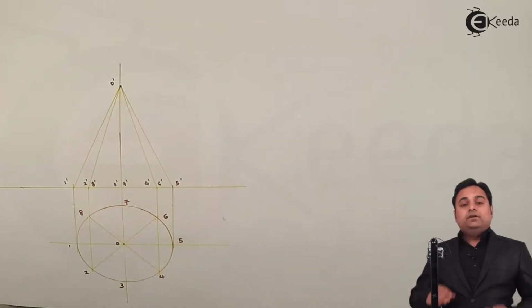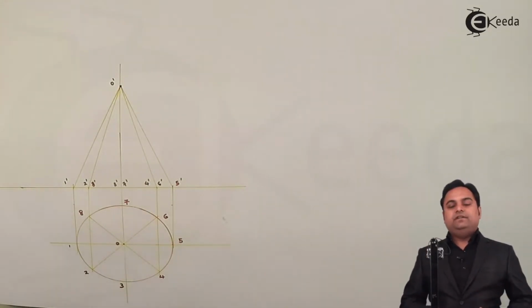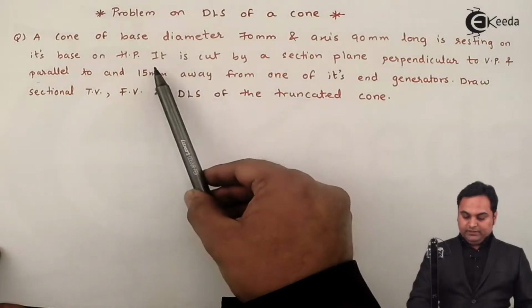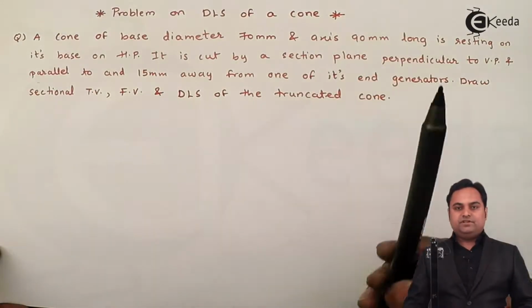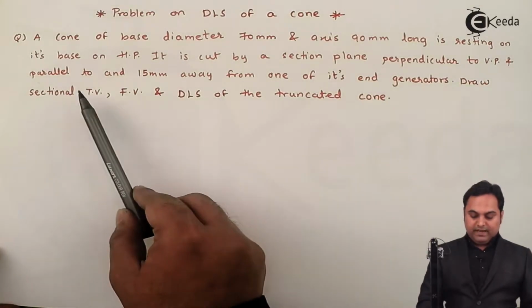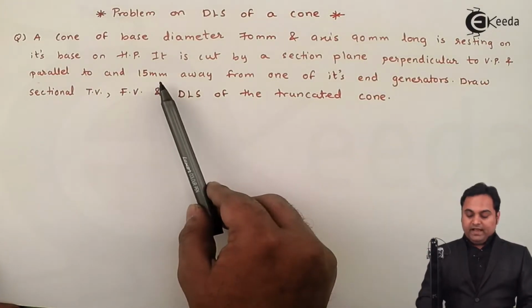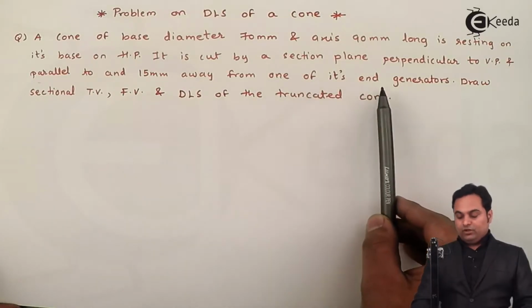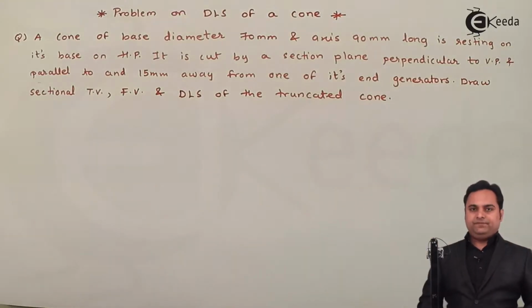After that, here I will be locating the cutting plane. For that, the condition is given in the problem. It is cut by a section plane, which is the cutting plane, perpendicular to VP and parallel to and 15 mm away from one of its end generators.